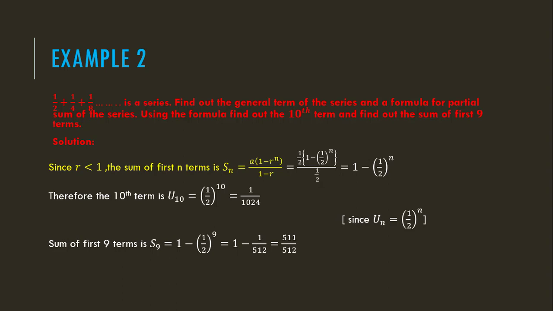As we calculated that S_n = 1 - half to the power n, S9 = 1 - half to the power 9, which is 1 - 1/512, and calculating this we get 511/512. So this was the solution of these two questions regarding the partial sum and general term.